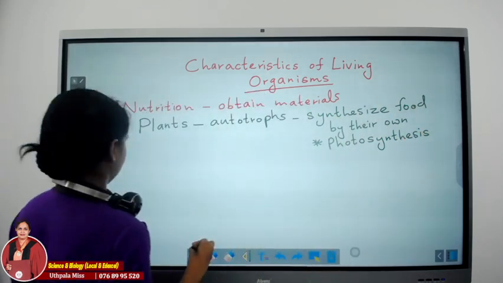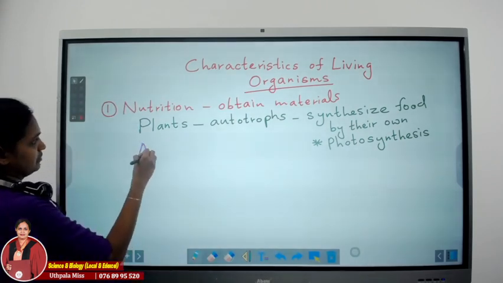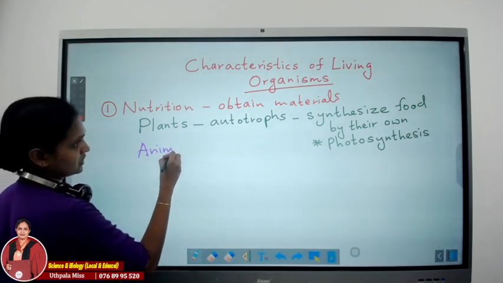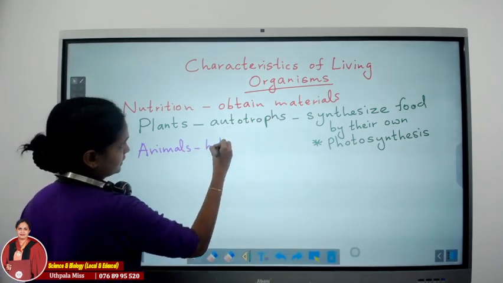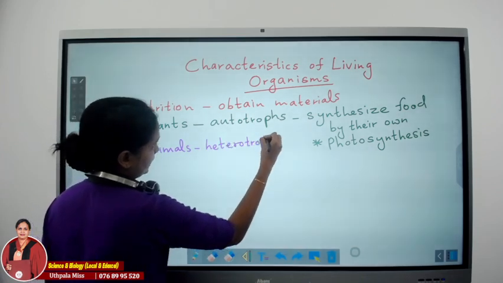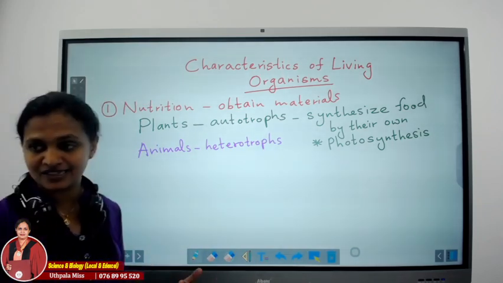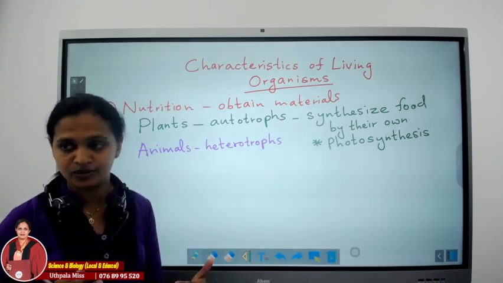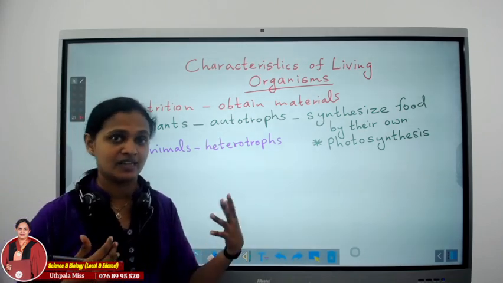Then in the case of animals, animals are known as heterotrophs or heterotrophic organisms. They cannot produce their own food. They depend on the food synthesized by the plants directly or indirectly. If it is a herbivore, it depends directly on the plant materials.